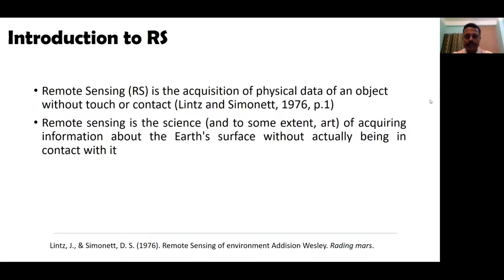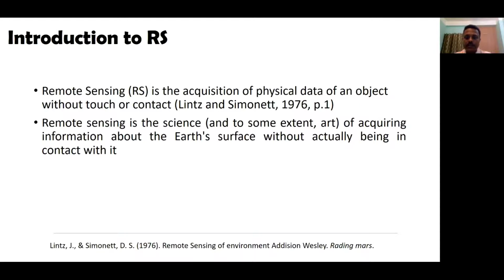For example, we have our eyes, we have our ears, we have the tongue, we have the skin. These organs all are engaged in the process of remote sensing. Remote sensing means without directly being in contact with the object of interest, we gather information.